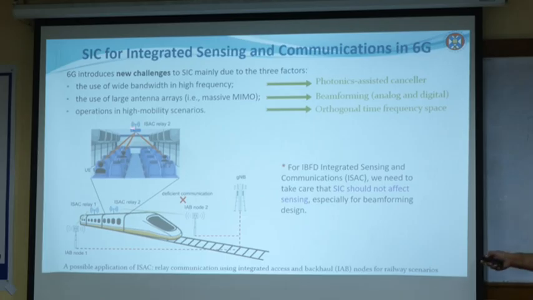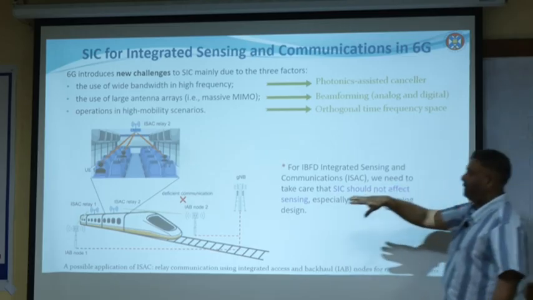So this node can use full duplex technology because it can serve the users, and the same frequency and time resources can be used for backhaul with the base station to get the data as well. So this is an ideal scenario for in-band full duplex. The same resources are used in backhaul and in access, okay?